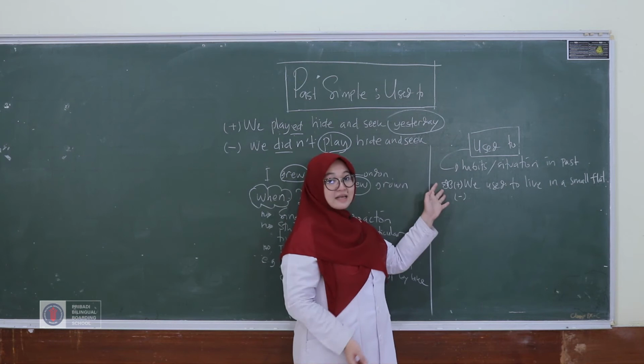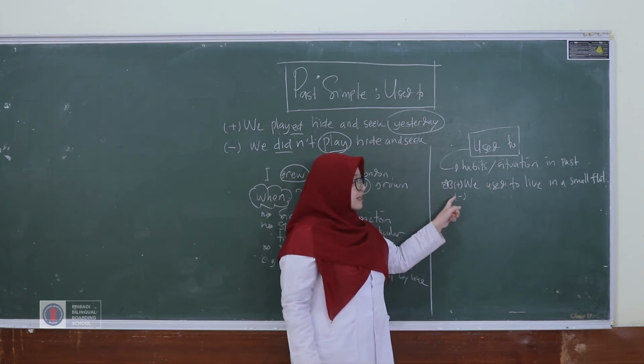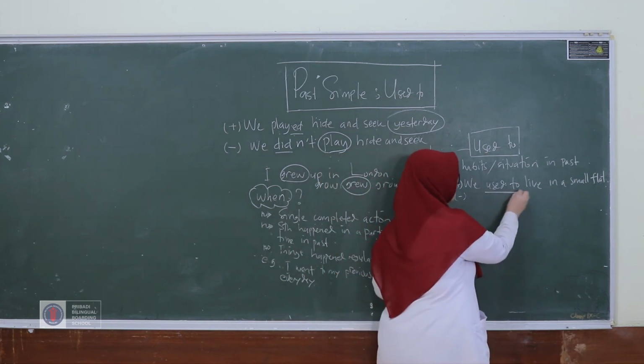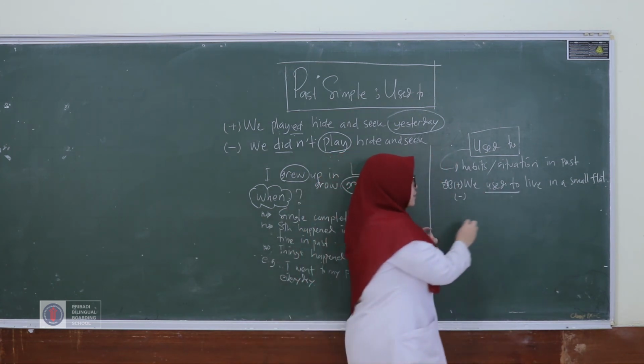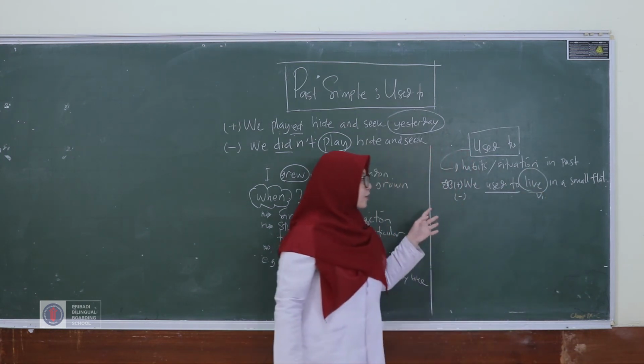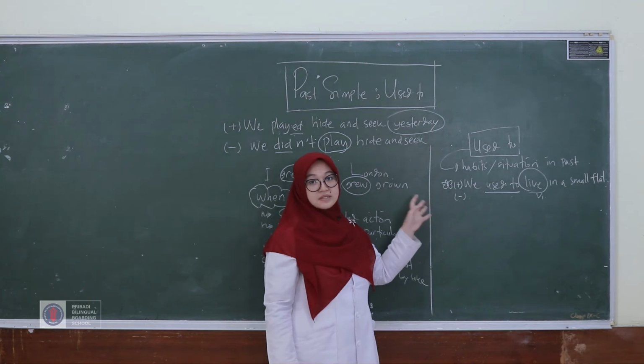Look at the example: "We used to live in a small flat." We use the phrase "used to," and then we use verb 1. You have to remember that when we use "used to," the verb is always verb 1.